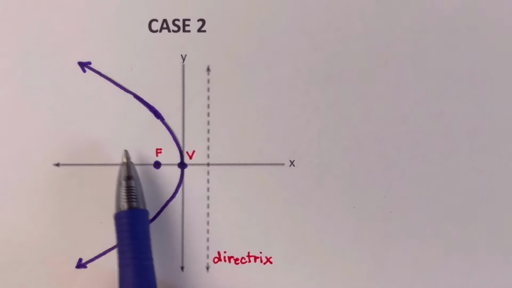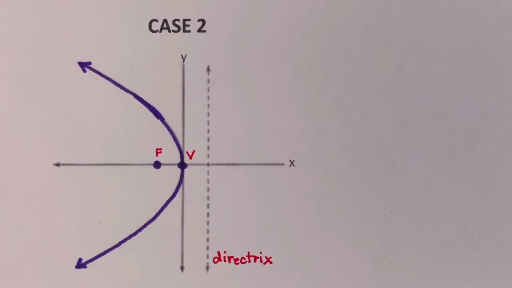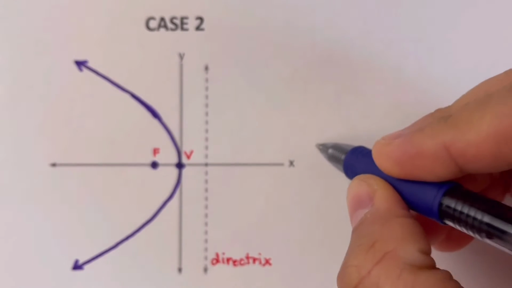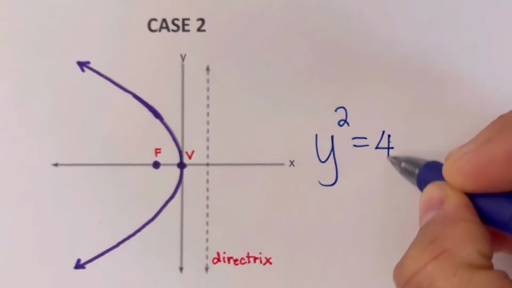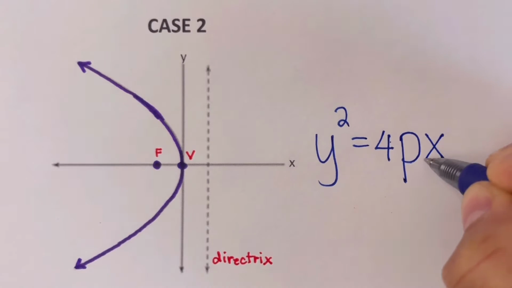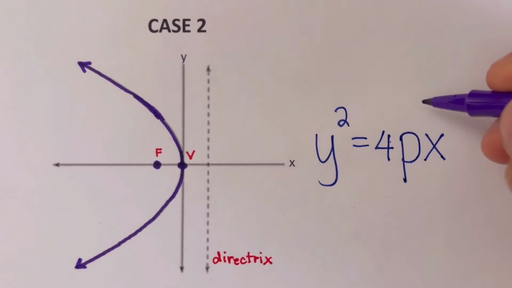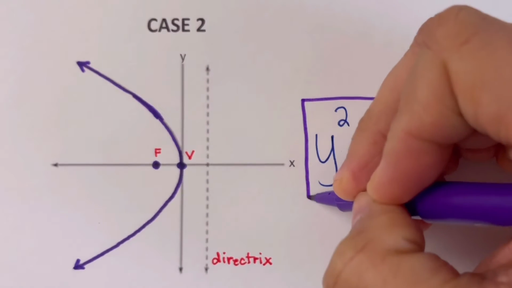Again, remember that the parabola opens to the side where the focus is. The formula that would work for the second case is y squared equals negative 4px. So this is the formula that would work for the second case.